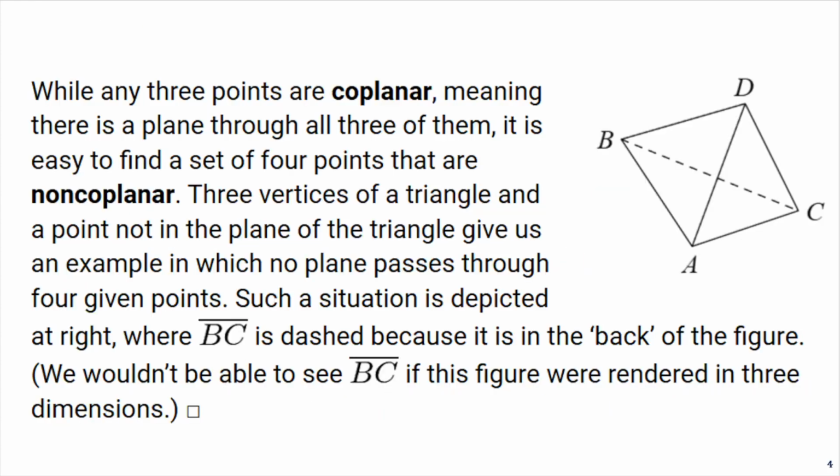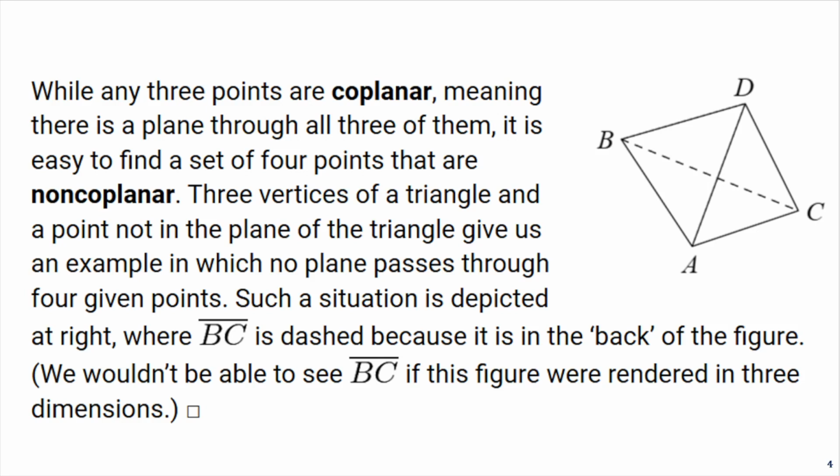Well, any 3 points that are not collinear lie in a plane, meaning there is a plane through all 3 of them. It's easy to find a set of 4 points that are non-coplanar. 3 vertices of a triangle, and a point not in the plane of the triangle will give us an example in which no plane passes through 4 given points.